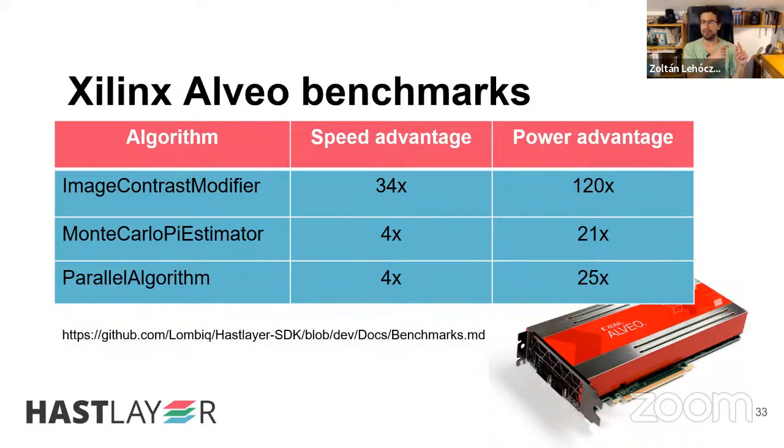When it comes to FPGA benchmarking, it's always comparing apples with oranges, because you are comparing two completely different computing devices. But still, we compared a high-end FPGA in the cloud with a high-end CPU available in the same cloud. Specifically, this was Azure, I think. And we got multiple dozen or even more than 100 times speed or power advantage in some cases, or just a factor of 4 in less lucky scenarios.